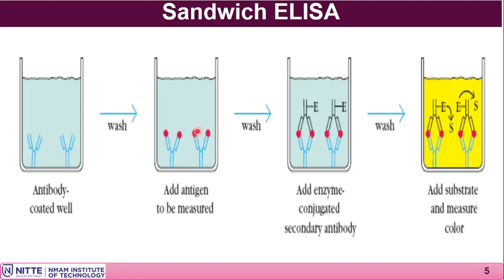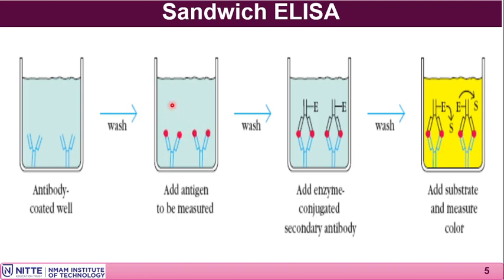When you add the antigen, if the corresponding antibody is already immobilized on the inert surface, it will go and bind to the Fab arm of the antibody. Depending on the number of antibodies immobilized there, and the number of Fab sites available, the antigen molecules will bind to them.